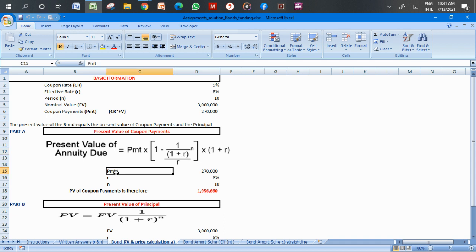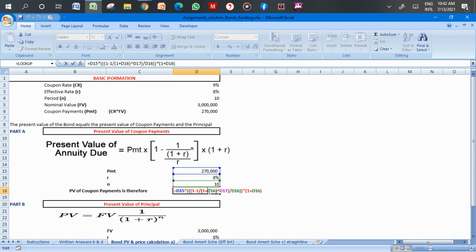So here we are now gathering the important information. The payment is 270, which we calculated earlier, the effective interest rate is 8%, and the number of years is 10. So the present value of the coupon payments will therefore be this.